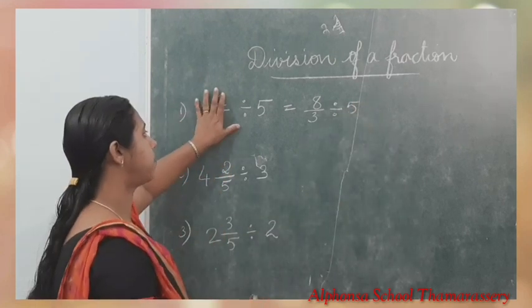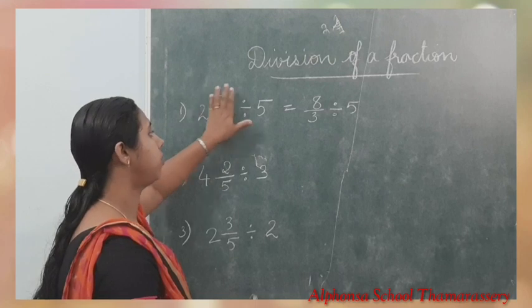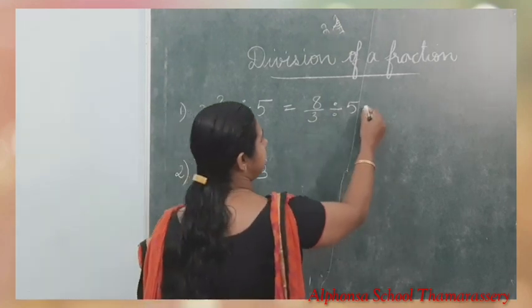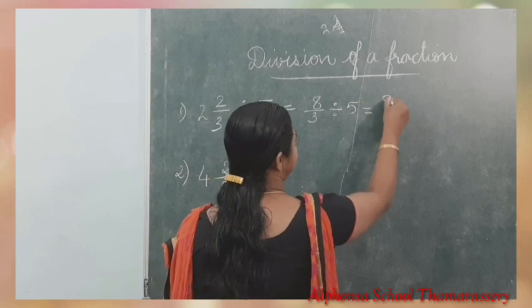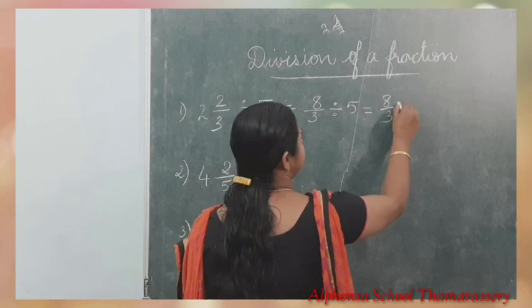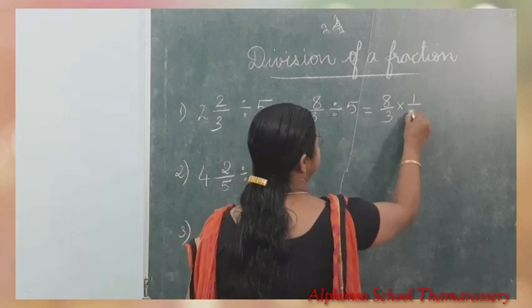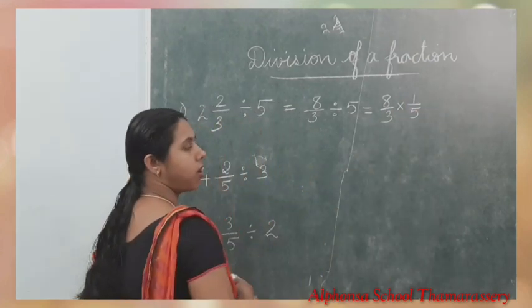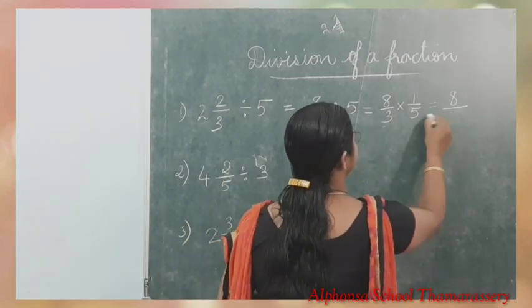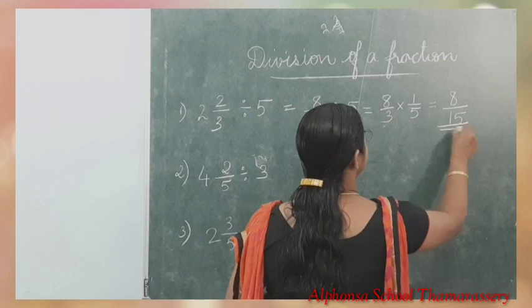Now 8 by 3 divided by 5 is equal to 8 by 3 into reciprocal of 5, that is 1 by 5. There is no common factor, so directly 8 ones are 8 divided by 3 5s are 15.